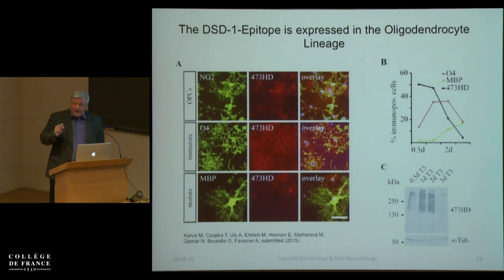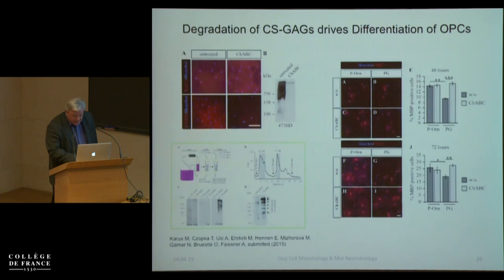Here also we have wondered what the function of the chondroitin sulfates for the differentiation of the OPCs could be. In order to test this question, we have purified chondroitin sulfate proteoglycan fractions from the conditioned medium of oligodendrocyte precursor cells and incubated oligodendrocyte precursors in the presence of proteoglycan as compared to polyornithine and tested their differentiation behavior.